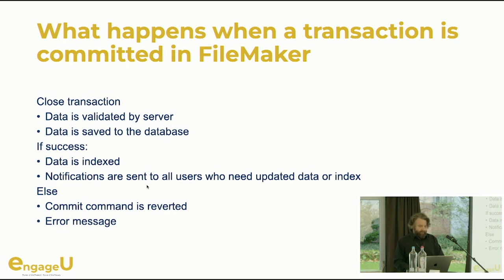So, before we go to the demo, let's see what happens when a transaction is committed in FileMaker. This is when you close a transaction, or when you commit a record, or when you change record. There are many things that cause a commit in the database, right? When you commit a transaction, data is validated by the server.